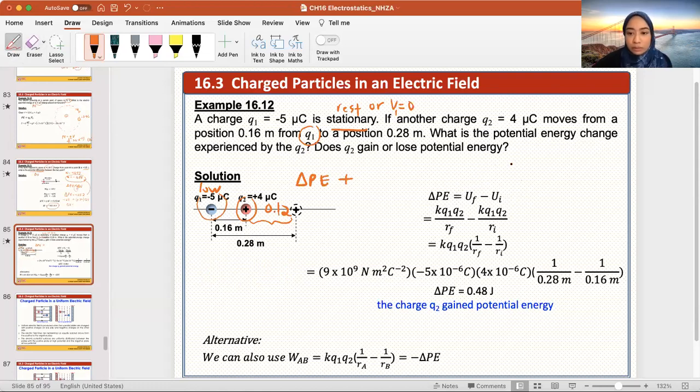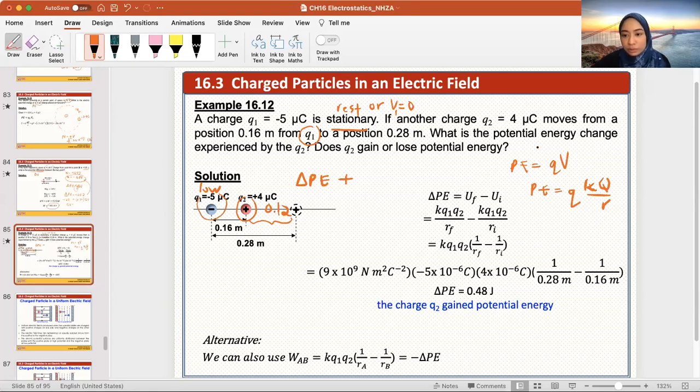We have different equations for PE, which is QV, and V is kQ over R, if I'm remembering this correctly.